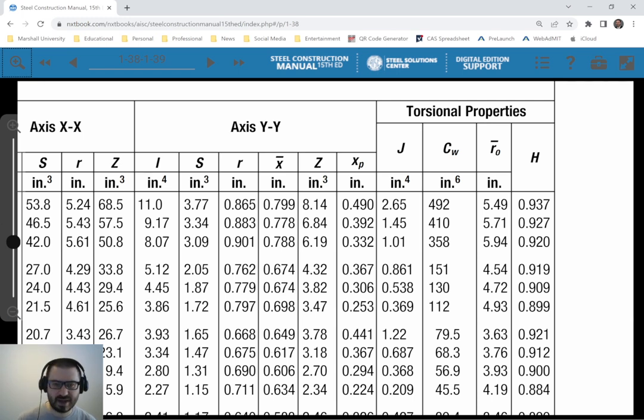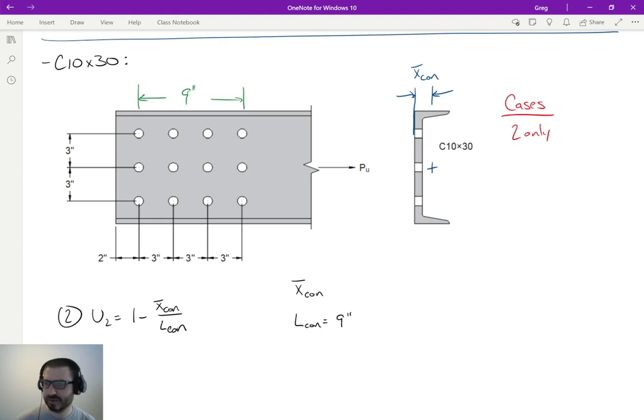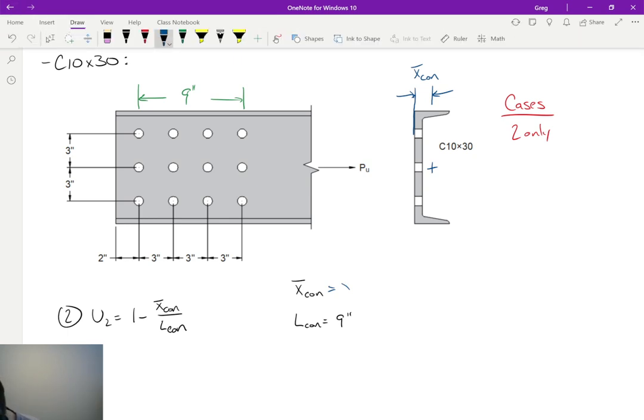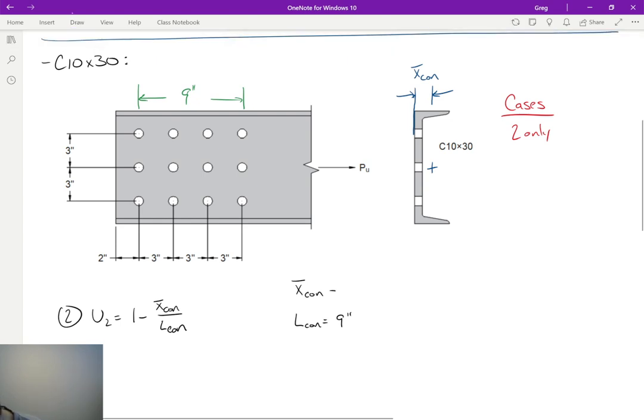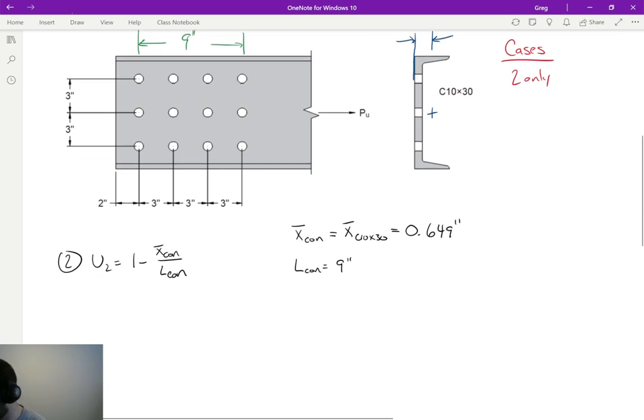Now I can go back to OneNote over here and say X bar sub CON equals X bar for the C10x30, which is 0.649. So the shear lag factor is pretty easy to determine.